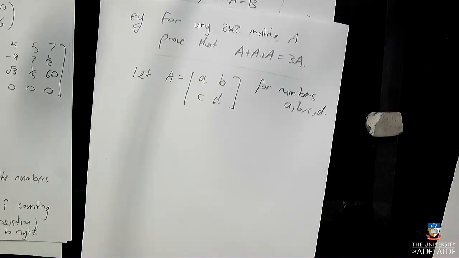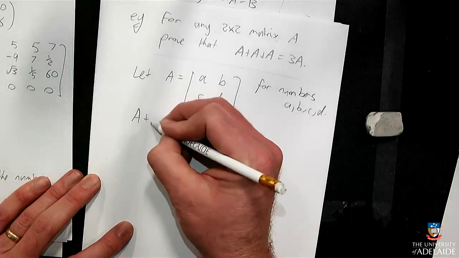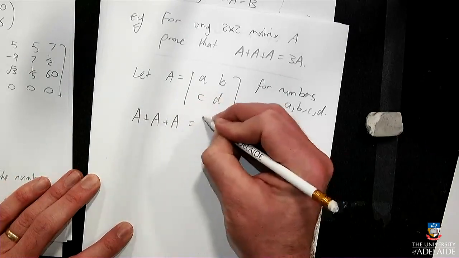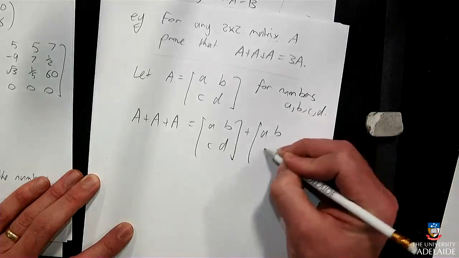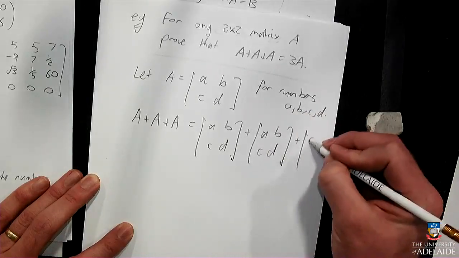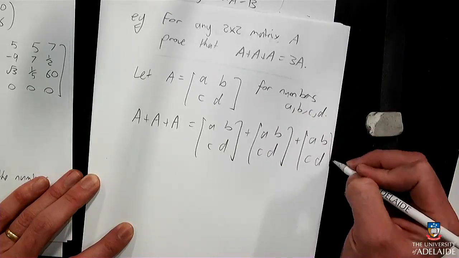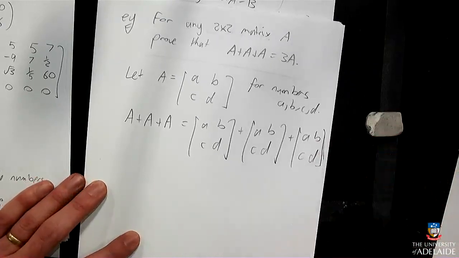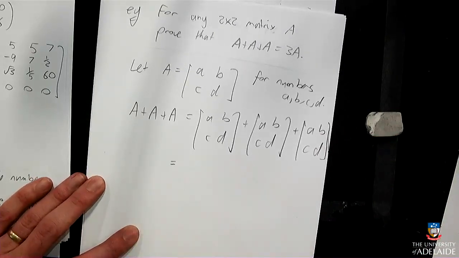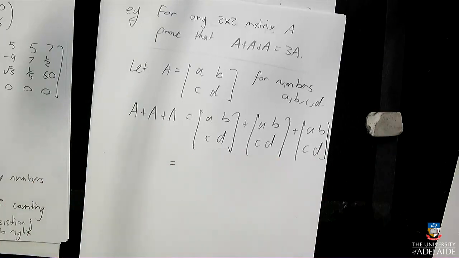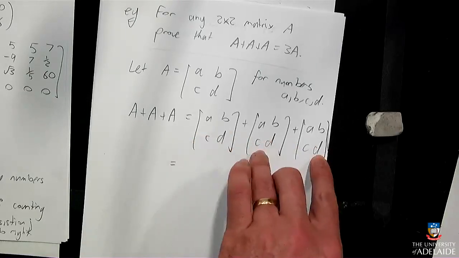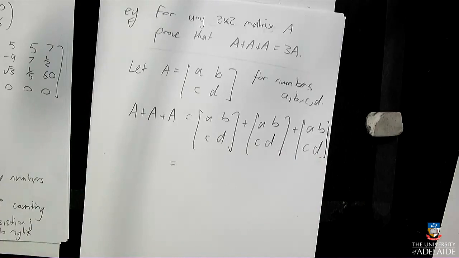And then we can go A plus A plus A is A, B, C, D plus A, B, C, D plus A, B, C, D. And then if I add these together here, well, I can add them all technically. At the moment, we haven't actually established the fact that you can add these two and then these two, but since I can add them in any order, it should be fine.